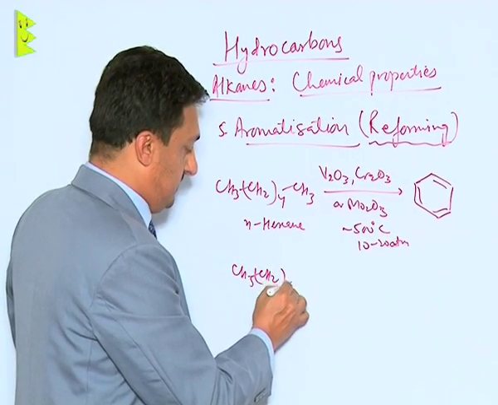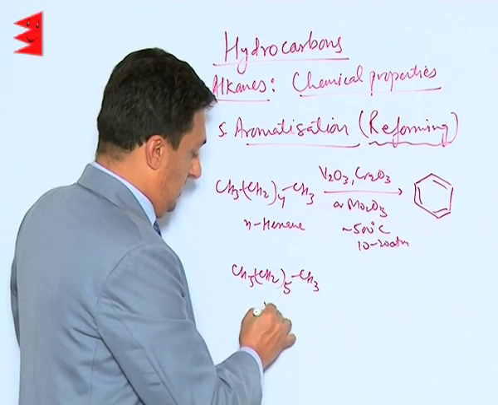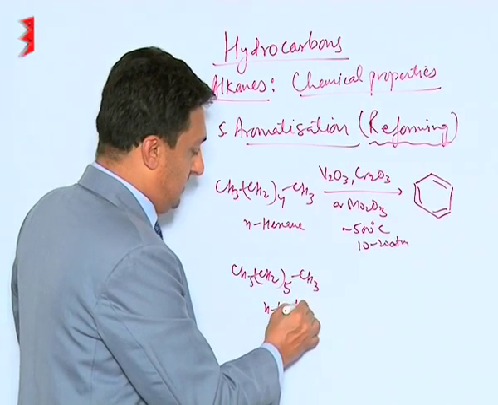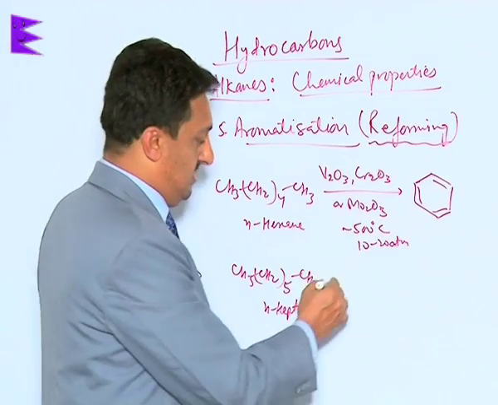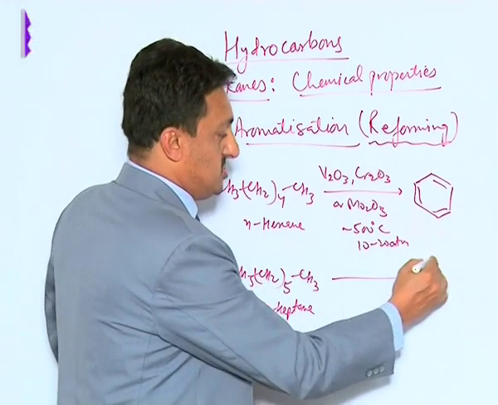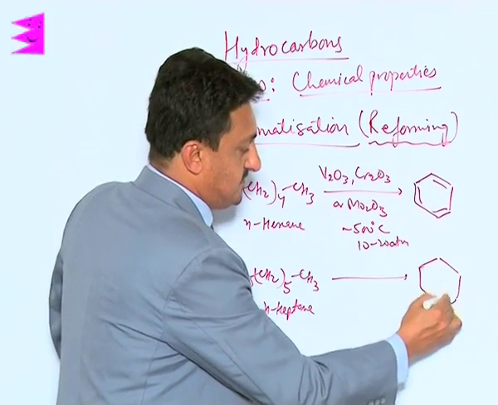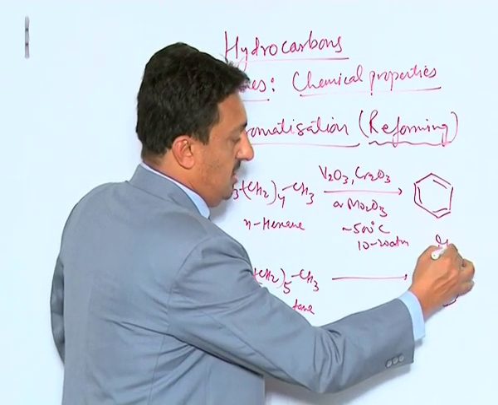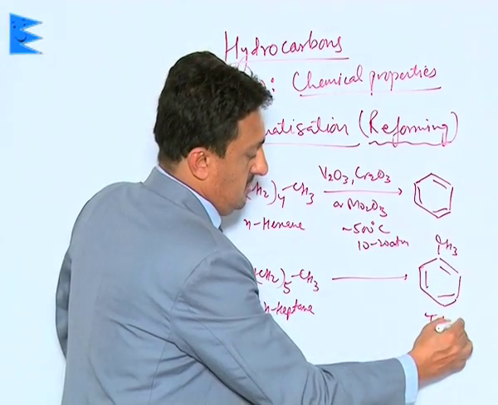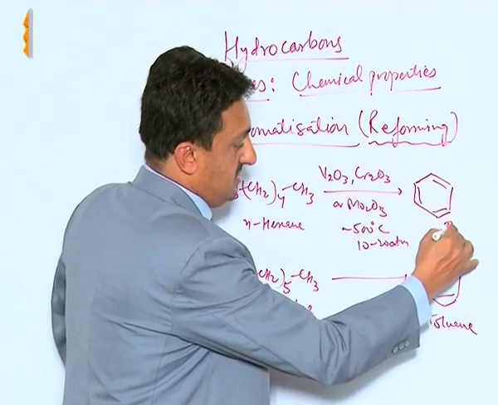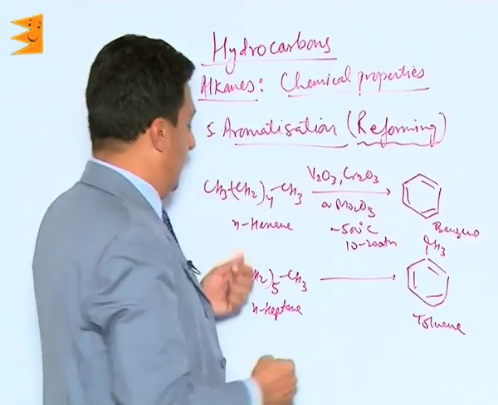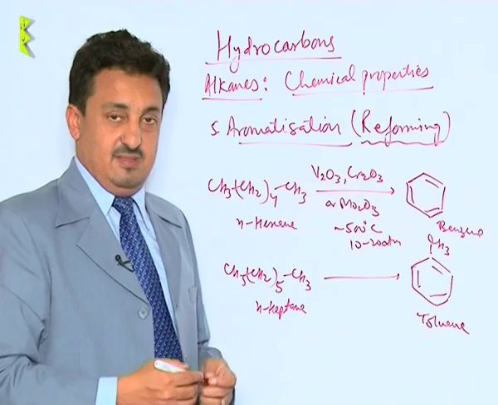If we take n-heptane in place of hexane, in a very similar situation, we will get toluene as the product, whereas n-hexane gives us benzene by this reaction.